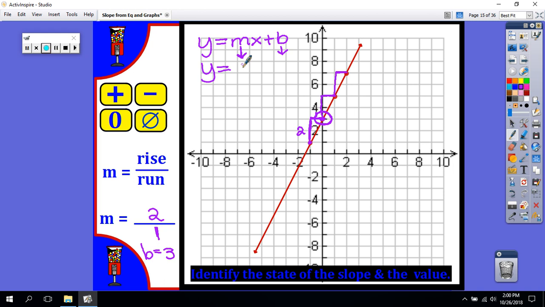How would we write that in an equation? Just a 2. So 2x, and then the value of b is 3. What kind of 3? So plus 3. And we just wrote the equation for this red line on the graph. Good job. All right, let's do another one.